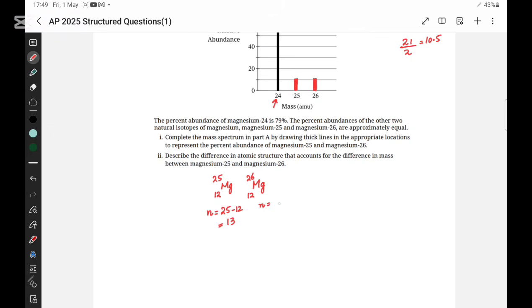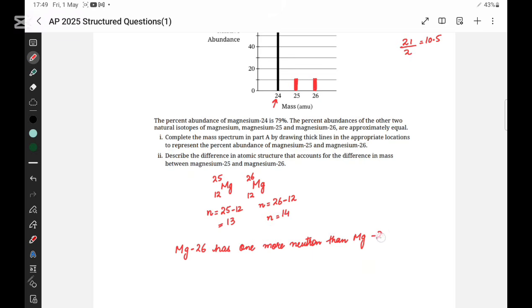And the number of neutrons here is 26 minus 12, which comes out to be 14. So what we can say here is that magnesium-26 has one more neutron than magnesium-25.